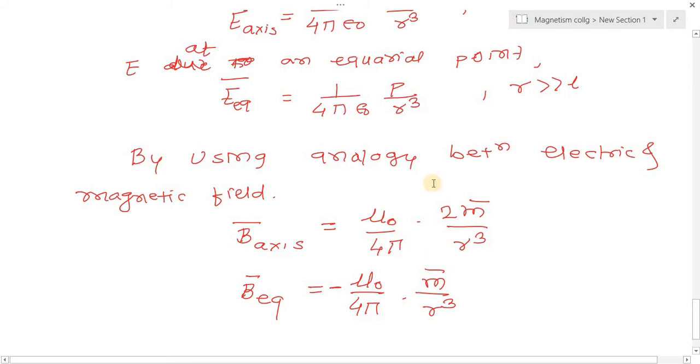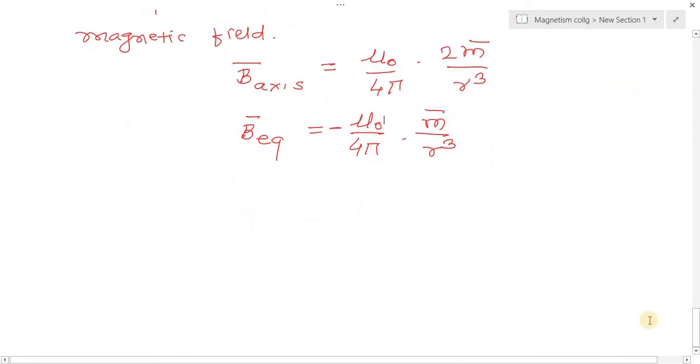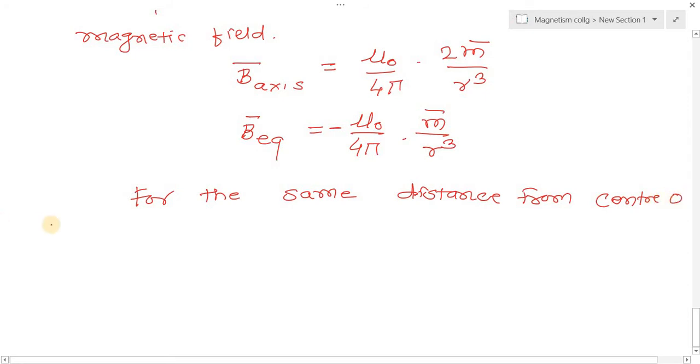So from these two equations, B bar axis and B bar equator, the magnetic field at an axial point and the magnetic field at an equatorial point, if we see this, then for the same distance from the center O of a bar magnet, there is a relation between these two: B bar axis is equal to 2 into B equator.